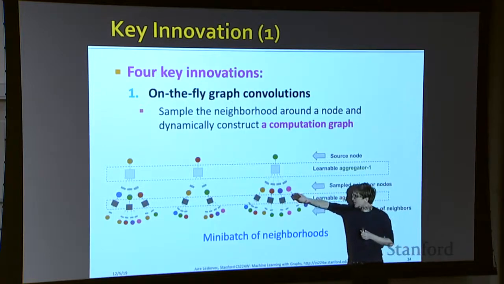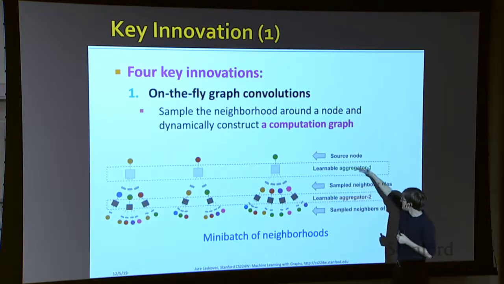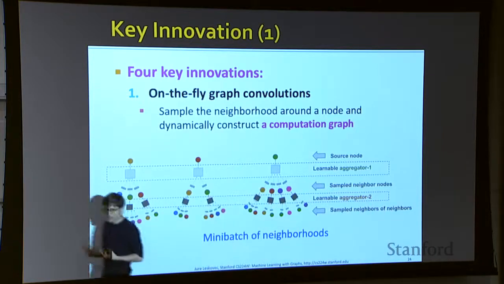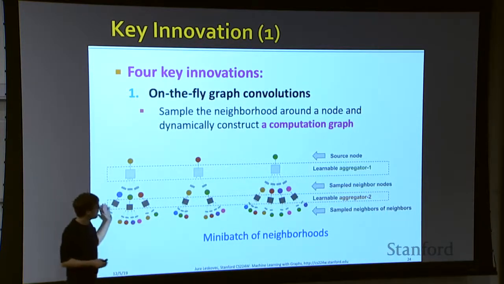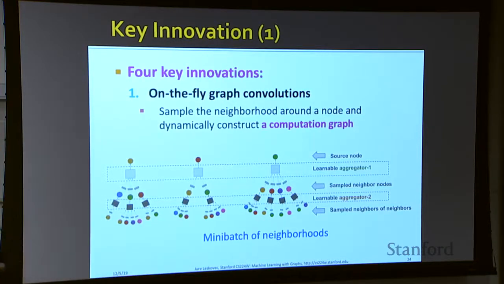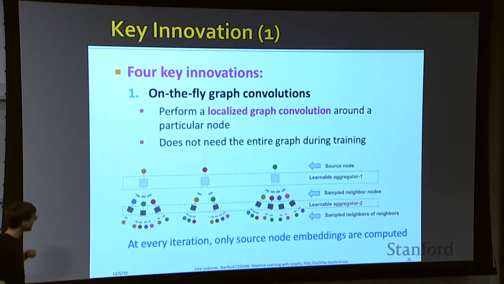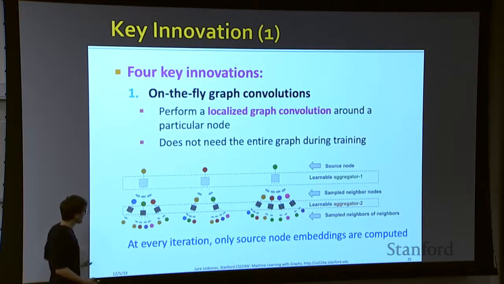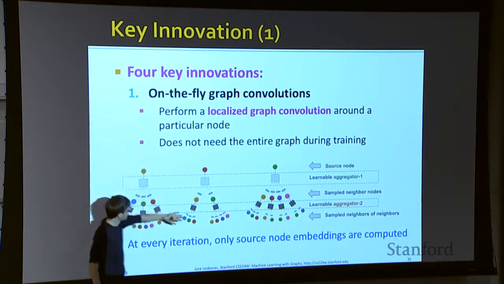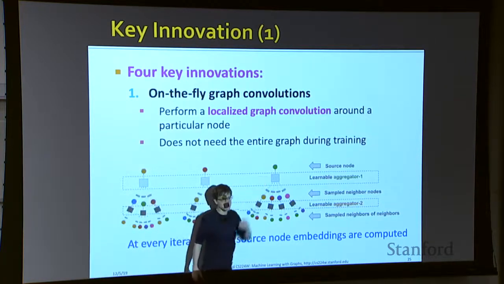There will be some way to aggregate features from the neighbors and transform them, and these two will be learned. The way this will work is that now we will be able to generate a lot of these small computation graphs and send them to the GPU for processing, okay? And at every iteration, at every computation graph, we'll be able then to compute the embedding for a single node.